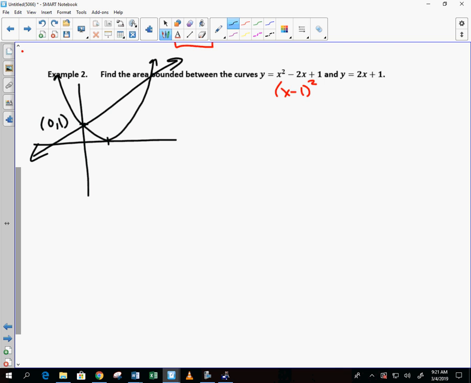How would I find the other point of intersection? Set them equal to each other. x squared minus 2x plus 1 is equal to 2x plus 1. Or x squared minus 4x is equal to 0. Factor out the x.